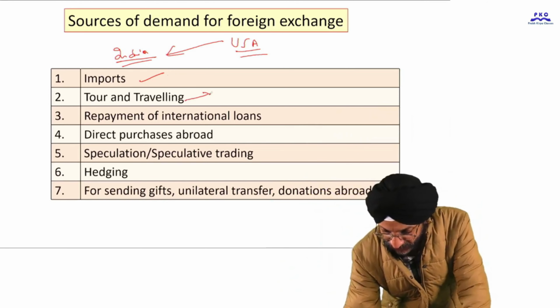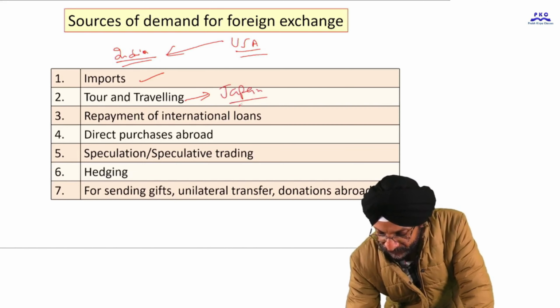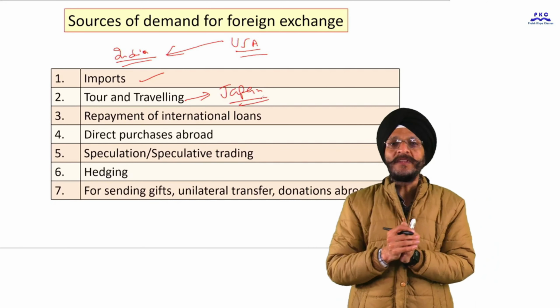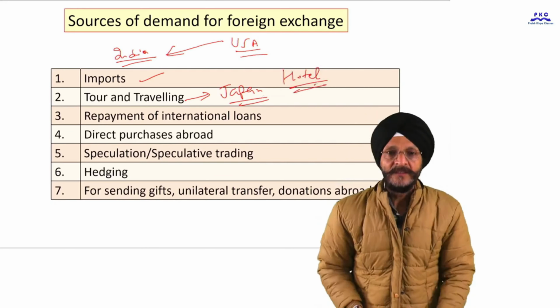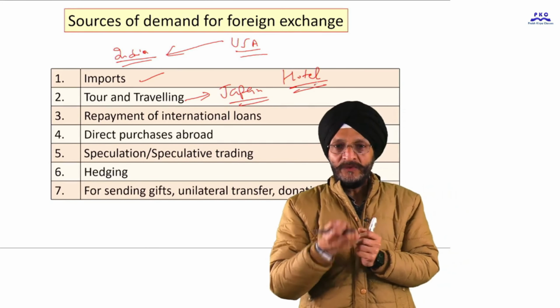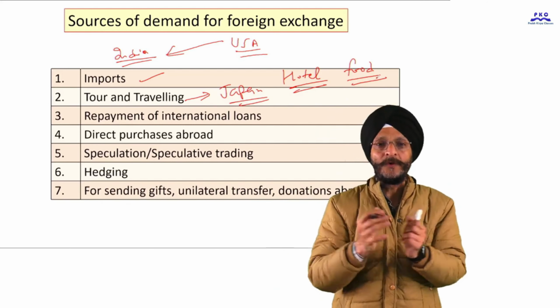When we visit any country, say we visit Japan, where will we stay? We will stay in a hotel. When we stay there, we will also eat something. So we will have to spend something on food.